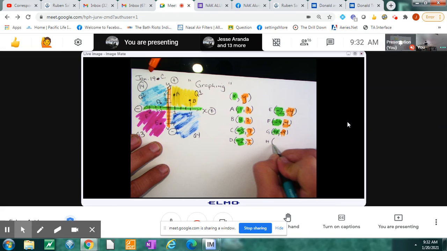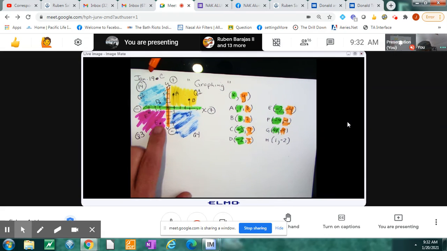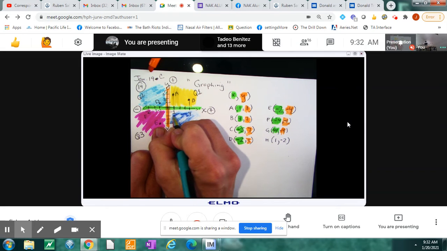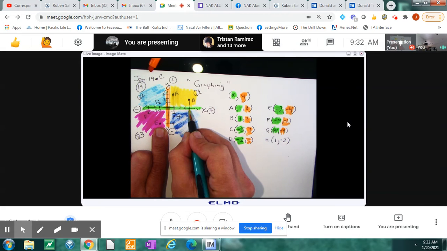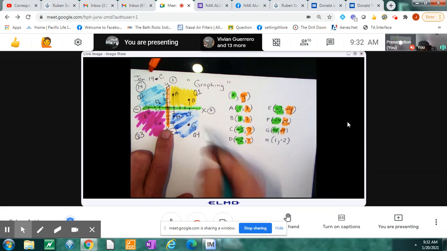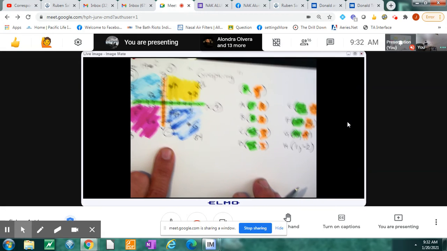So H, I could pick 1, comma, -2, right? 1, and then -2, and then it's going to be right there. That's your H. H is there. And then G is 4, negative 1, 2, 3, right there. There's your G. Okay? Let me zoom in real quick. So there you go.